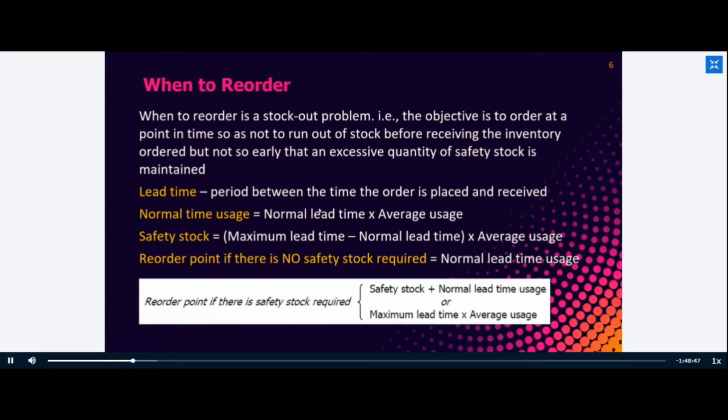Sabihin natin from 5 days naging 8 days ngayon, so meron ka nang 3 days na delay. Meron kang 5 days normal lead time, ngayon nagiging 8 days dahil sa mga disturbances, with all the typhoon, floodings. Kaya meron tayong tinatawag na maximum lead time.